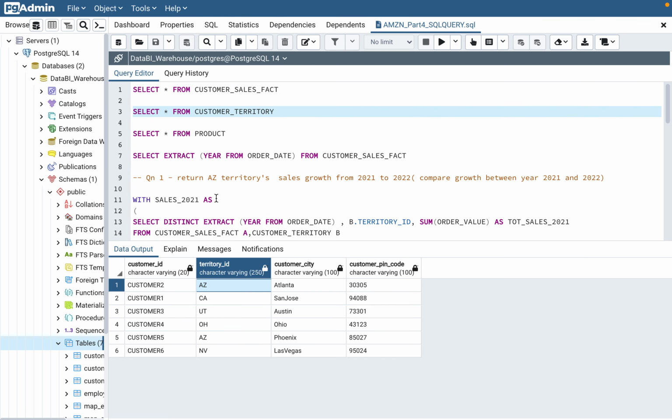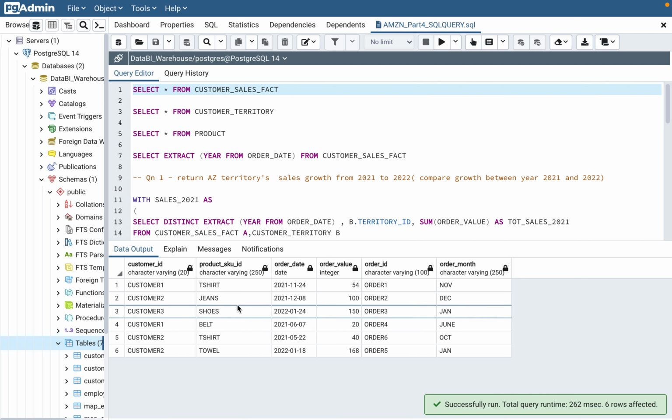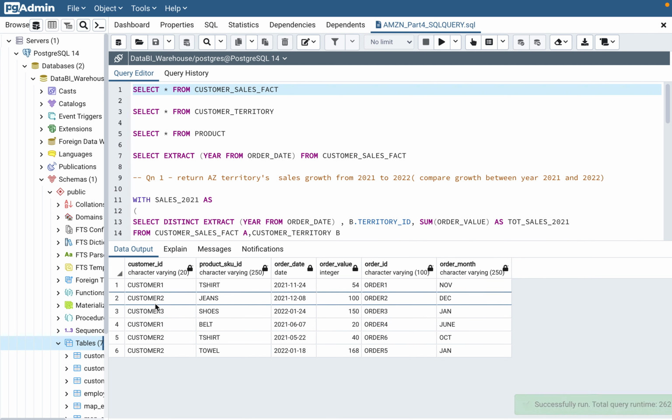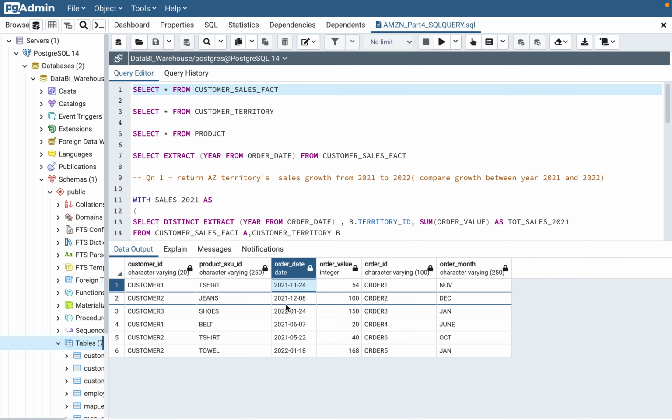The customer ID is here, and customer ID is in sales fact as well. So we'll have to join these two tables using customer ID, then put a filter on Arizona, and then work based on the order date. So what are the products ordered in the Arizona territory, where the customer belongs to Arizona, and what is the growth?